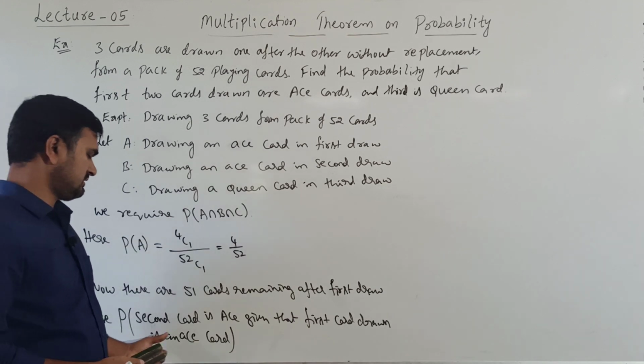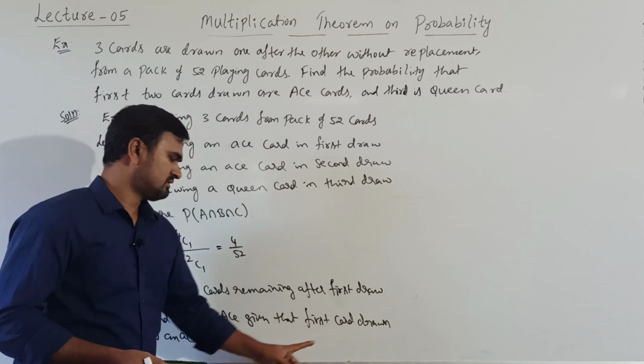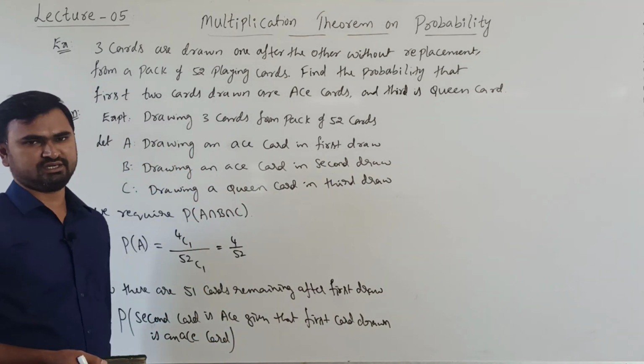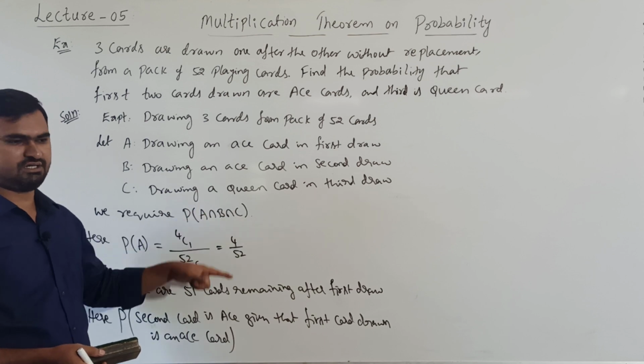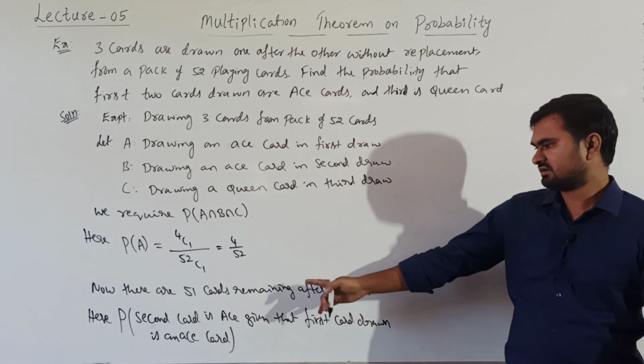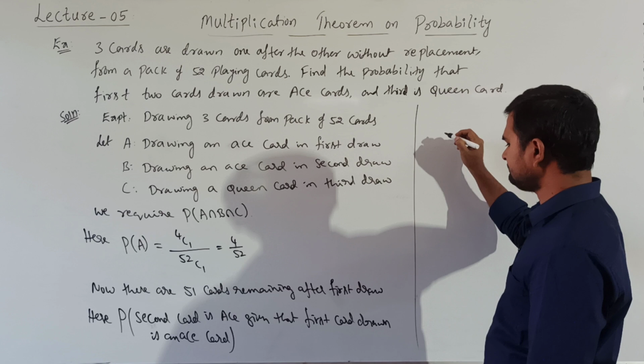Okay. Probability of the second card drawn being an ace card, given that the first card drawn is ace. Already we know that the first card drawn is ace. Using that knowledge, we are finding the probability of drawing the second one as an ace card. Okay. So how do we denote it?